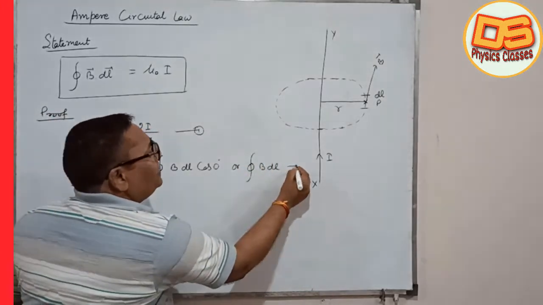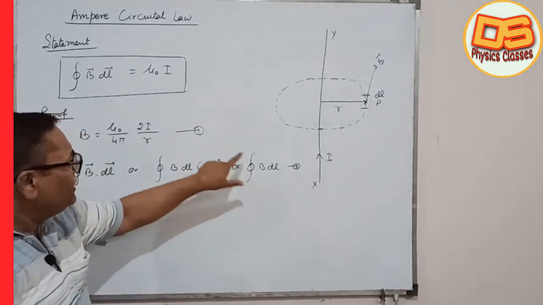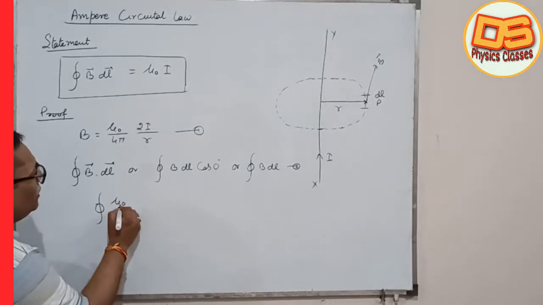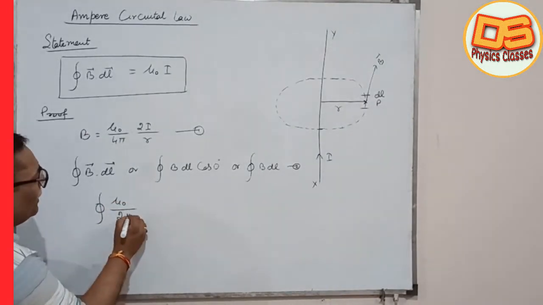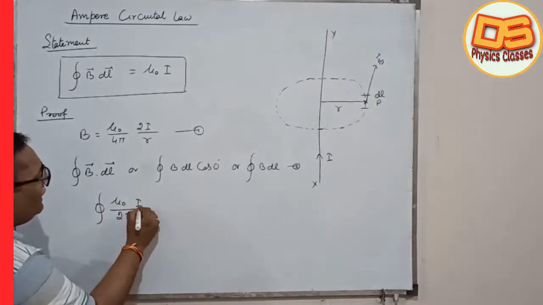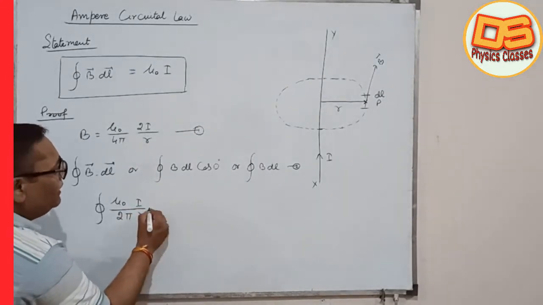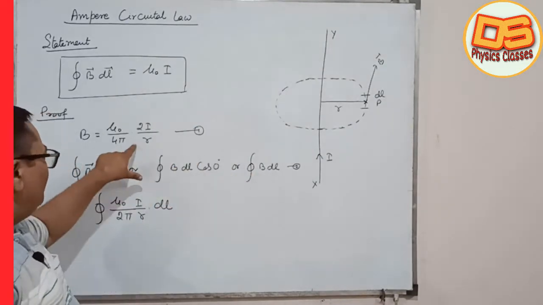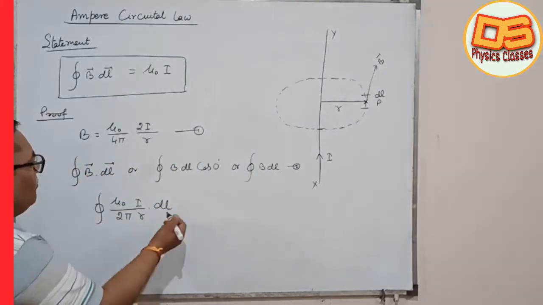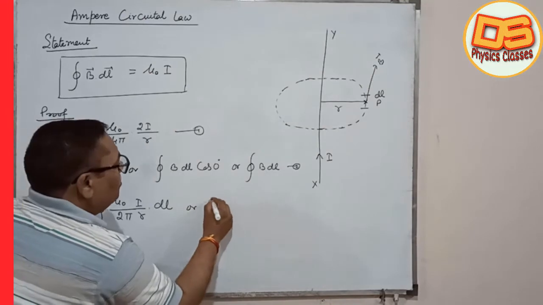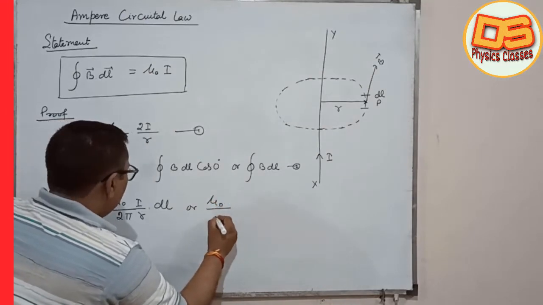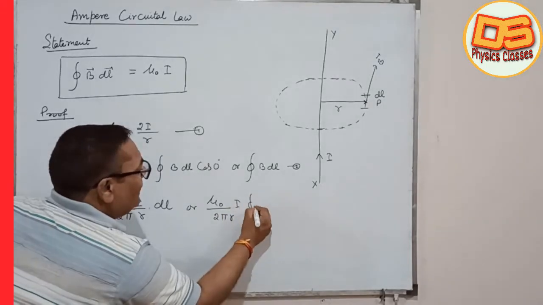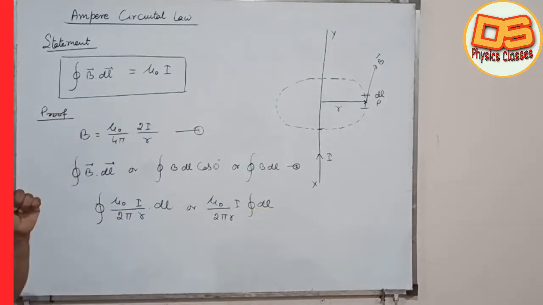This is equation 2. From equation 1 and 2, substituting the value of B from equation 1, we get mu 0 upon 2 pi r into I, and the closed loop integral of dl.